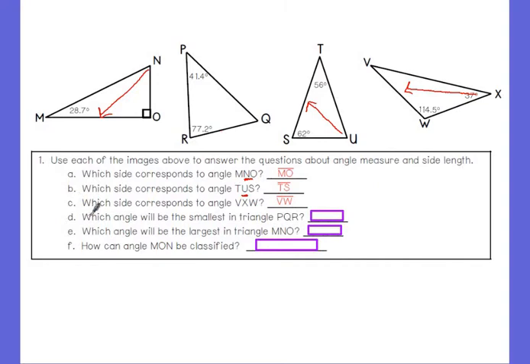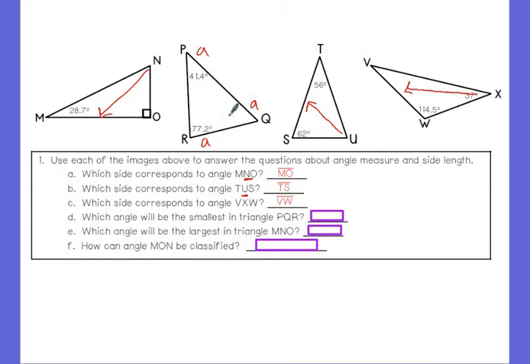Okay, D. Which angle will be the smallest in triangle PQR? So I'm looking at this. I see that I have a triangle, and I have an acute angle right here, an acute angle right here, and this one's going to have to be acute.